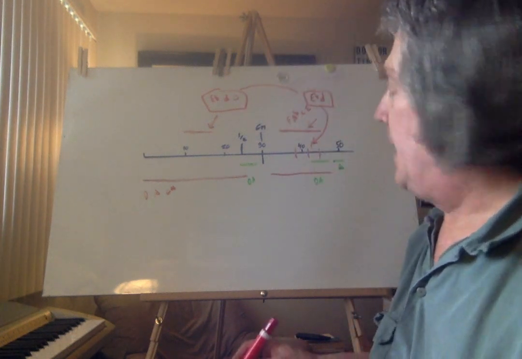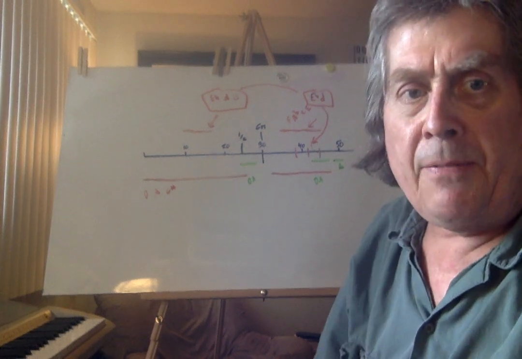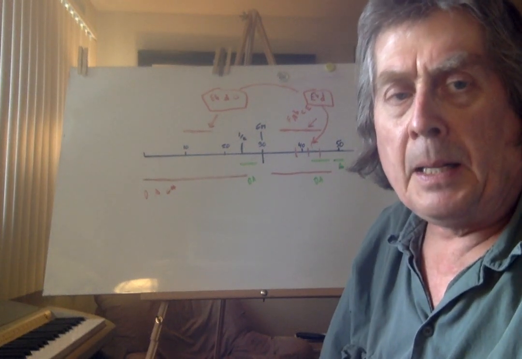The G flat, B flat, and D, of course, are enharmonically spelled.